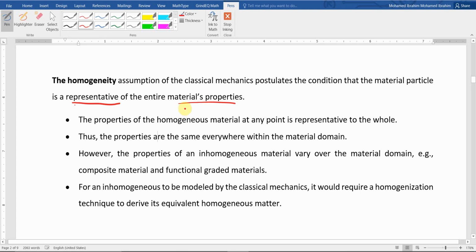As we discussed, in classical mechanics the material is a composition of an infinite number of particles, and each of these particles is the representative main building unit of the material, like the grain of a polycrystalline material. This is consistent with the homogeneity assumption of classical mechanics.